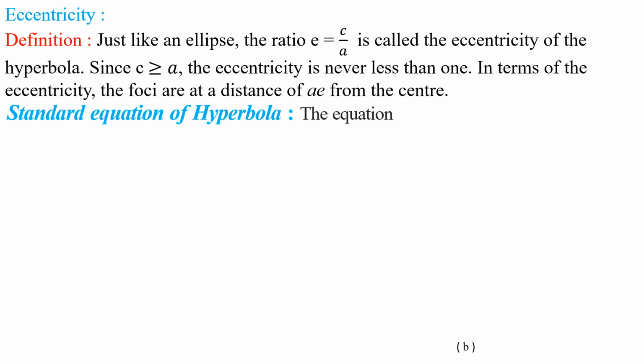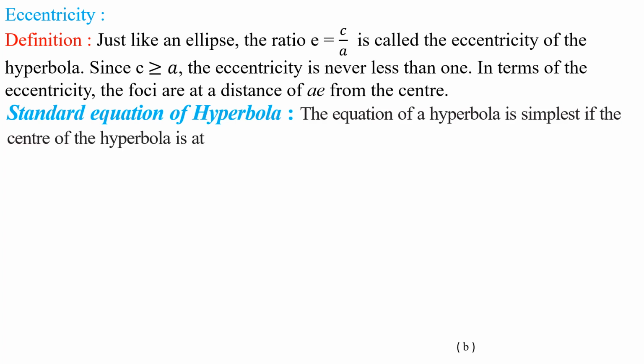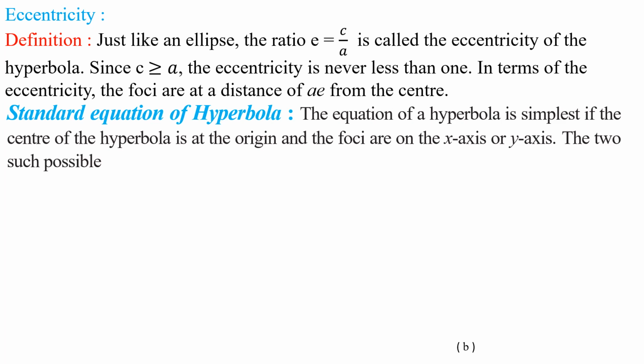Now come to the standard equation of hyperbola. In the case of ellipse, we have discussed the standard equation of an ellipse. Similarly here also we discuss the standard equation of hyperbola. The equation of a hyperbola is simplest if the center of the hyperbola is at the origin and the foci are on the x-axis or y-axis.